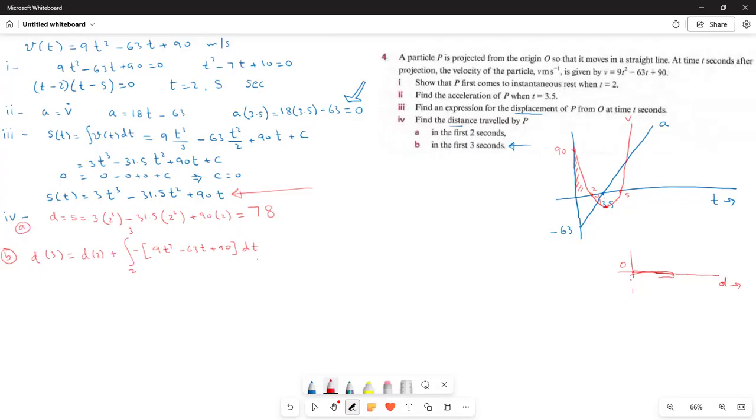From 2 to 3 it is going in the opposite direction, right? So displacement is becoming less and less. I'm subtracting this area from this area. This is a negative area, but the distance keeps increasing, right? So in order to find the distance, I need to add these two areas, not find the difference of these two. So this is going to be the distance I took, 78. We already found that, right?